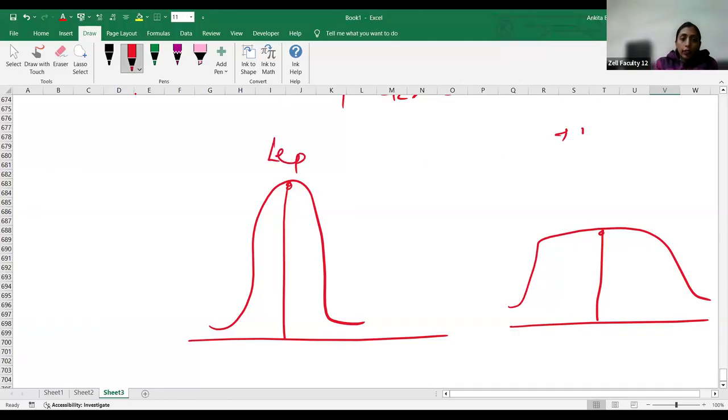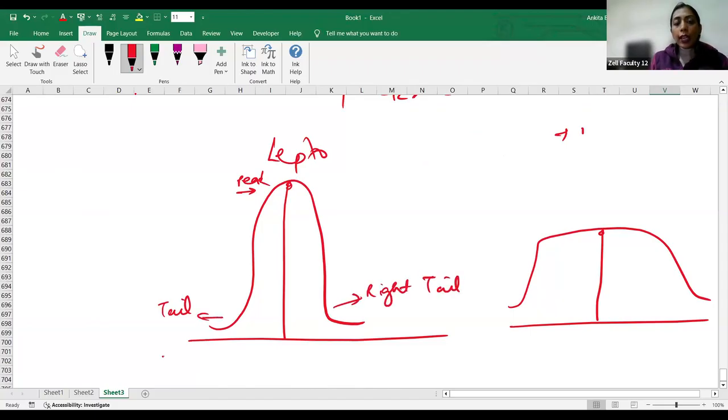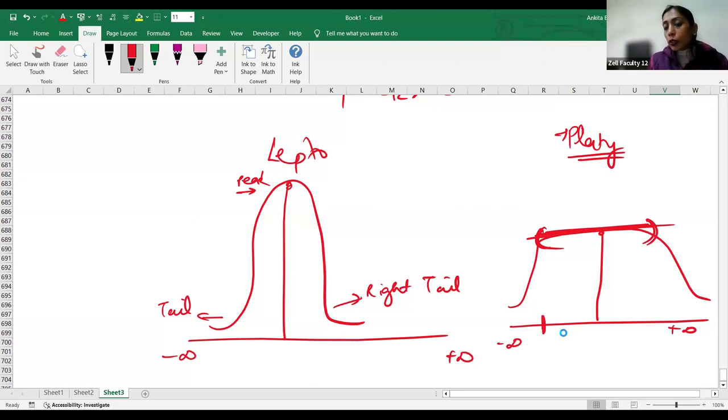In the leptokurtic curve, you can see that this is known as the peak here, and this is known as the tail. So you have a left tail here, and you have a right tail. And you know that because this is a number line, the values would be between negative infinity to positive infinity. Okay. Now, if you look closely in platykurtic, you can see that many values are there in this range here, from here to here.